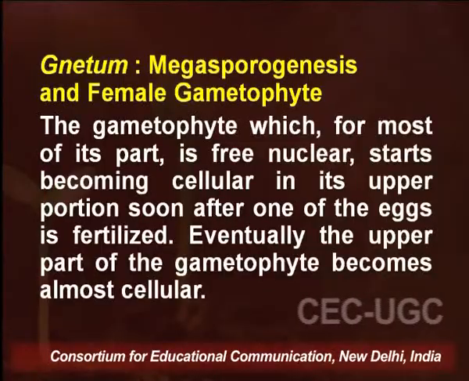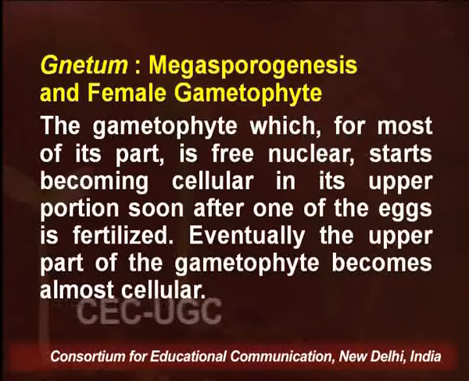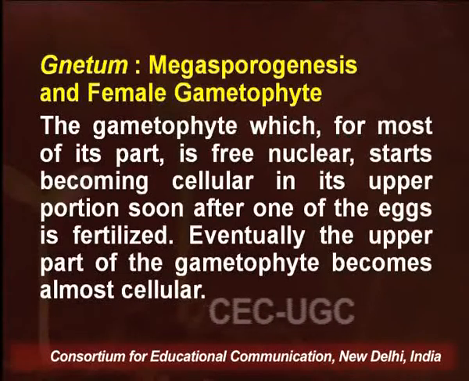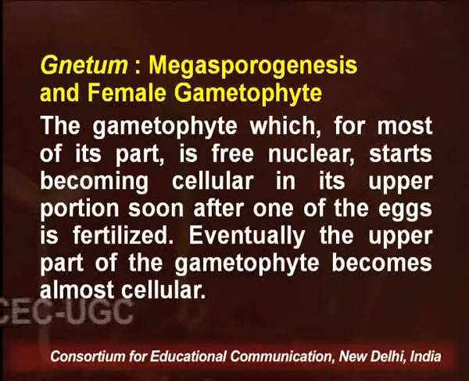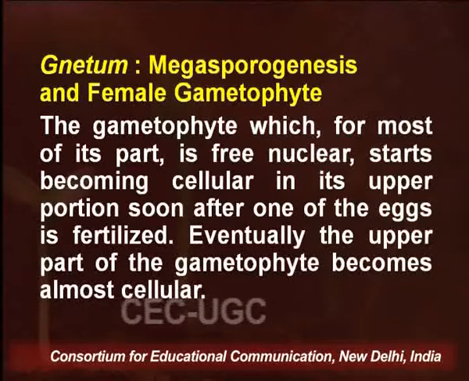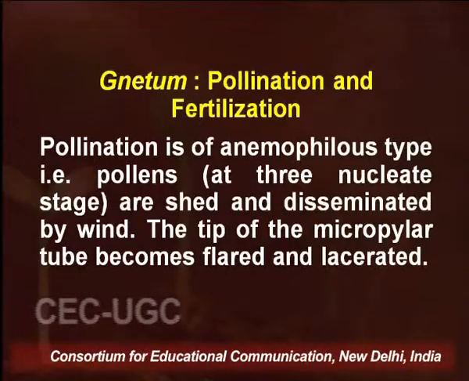The gametophyte, which for most of its part is free nuclear, starts becoming cellular in its upper portion. Soon after one of the eggs is fertilized, the upper part of the gametophyte becomes almost cellular. Now, as far as pollination in Gnetum is concerned, it is of the anemophilous type.